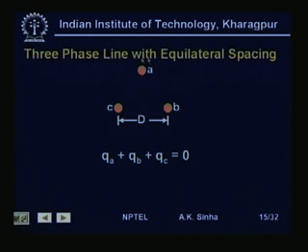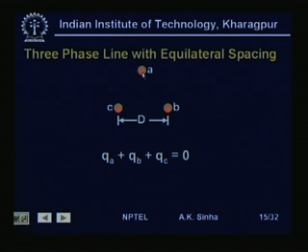Therefore, we will take the case of a 3 phase system. We will start with the 3 phase line with equilateral spacing, because as we have seen for inductance calculation, if the line is transposed, we can always convert any system into an equivalent 3 phase equilateral spacing of the conductors by finding out the equivalent distance DEQ.